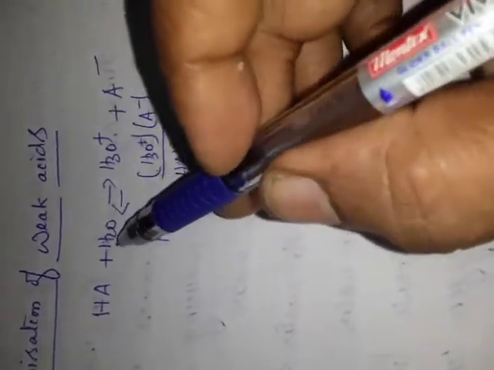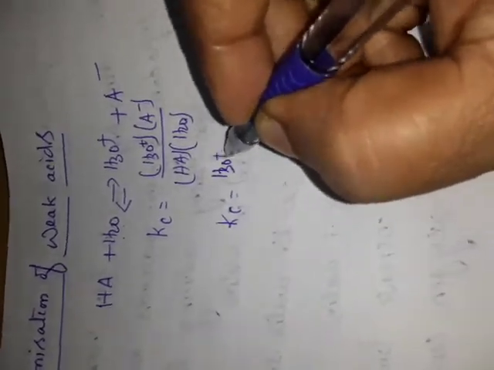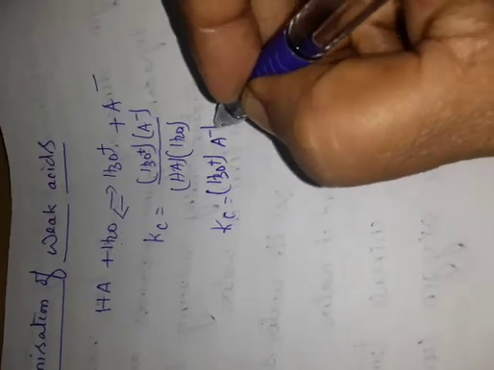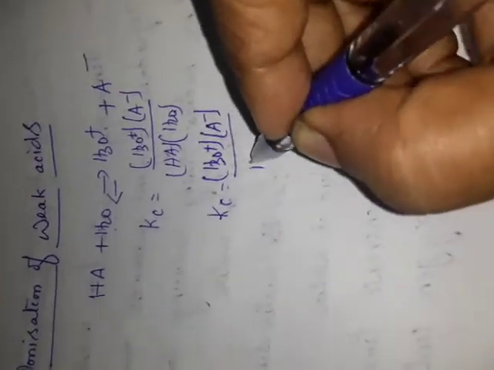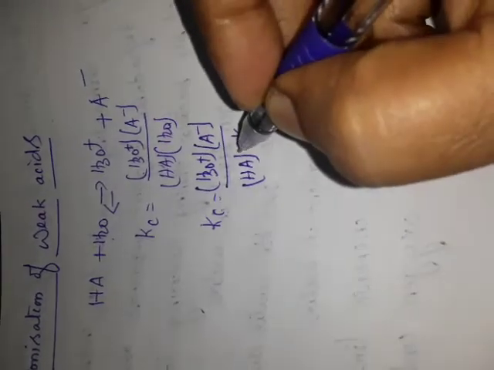Because it is a weak acid, in dilute solution the water concentration will be in excess, so the water concentration can be kept as a constant. So Kc is equal to [H3O+][A-] by [HA], with water kept as constant K.